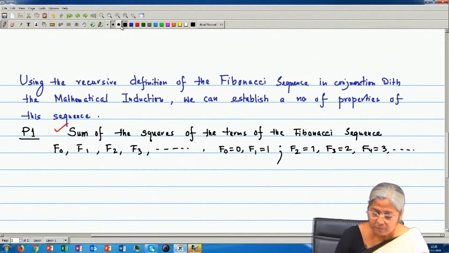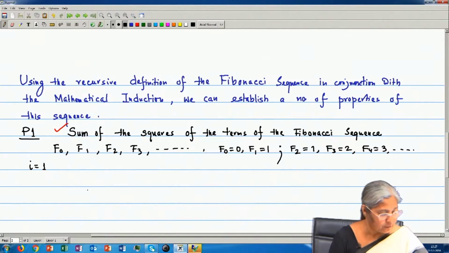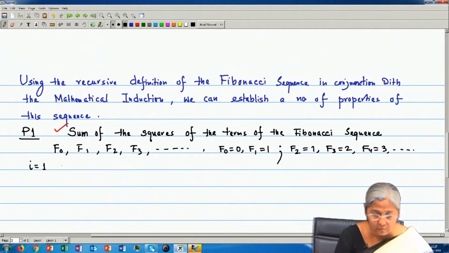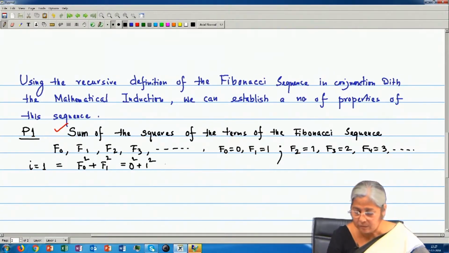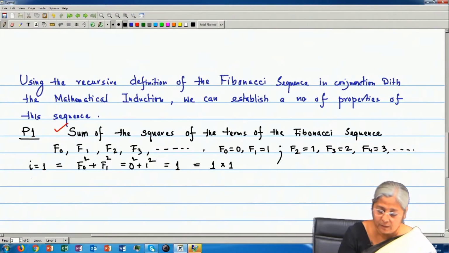If I write for i equal to 1, the sum of squares is f0 square plus f1 square, which is 0 square plus 1 square, that is 1, and I am writing this as 1 into 1.